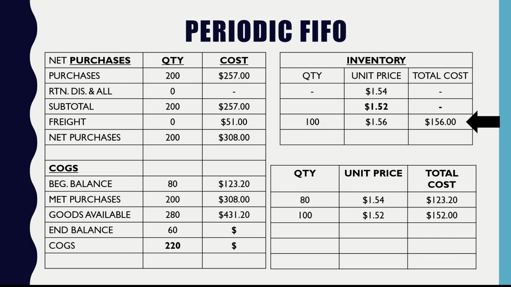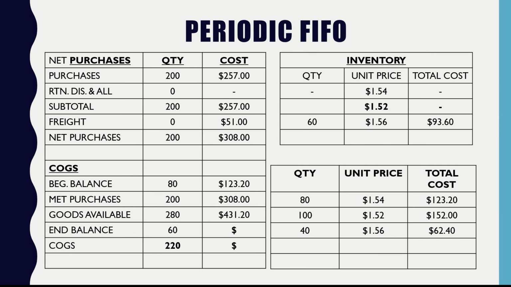I need to get to 220. So I need to do another side math: how many more items do I need to get to 220? Well, in this case, 40.